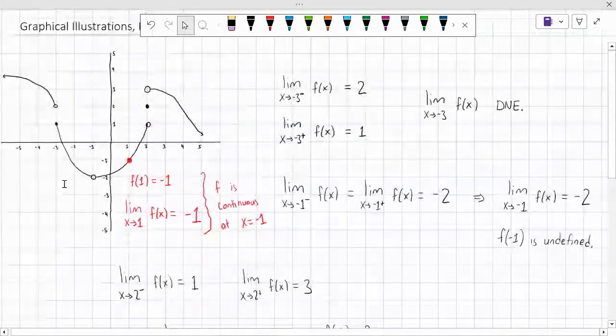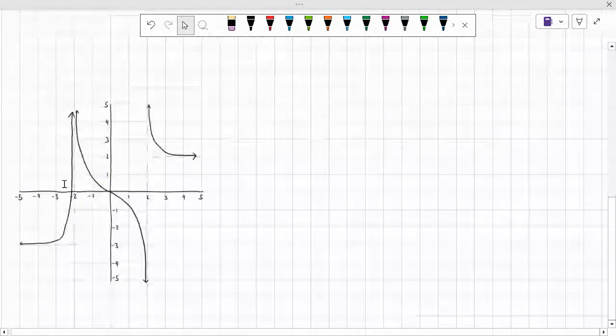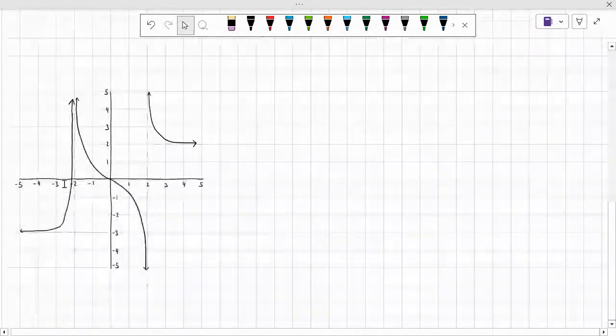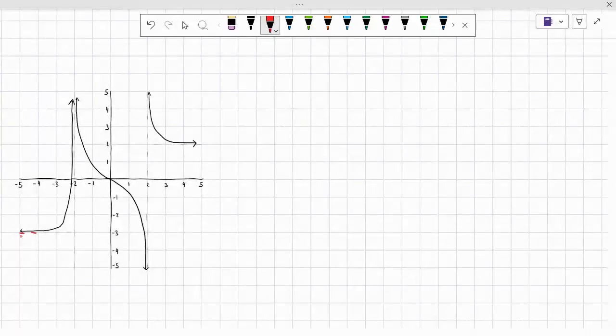Now I'm going to look at another picture, so I'm going to scroll down a bit. This picture doesn't have any holes or jumps in it, but it does have some vertical and horizontal asymptotes. I don't think they're showing up too well, so I'm going to quickly indicate in red where those asymptotes were.